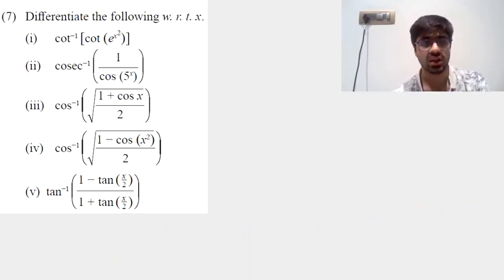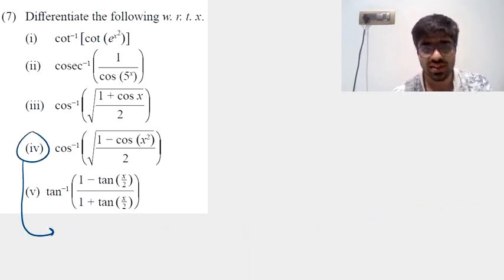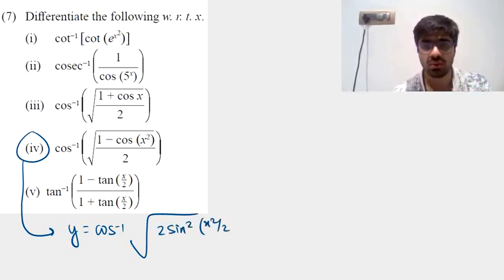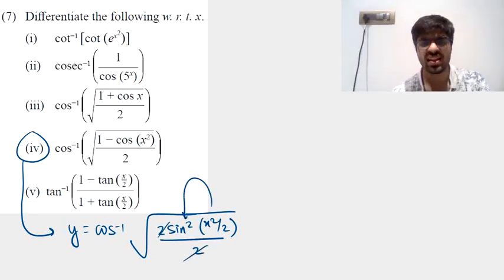Yeah, we continue with the fourth one, and the fourth one is exactly the same sum. So y will be cos inverse of root over (1 minus cos theta, that's going to be 2 sine square theta by 2). So this is 2 sine square of x square by 2, the whole thing divided by 2, so 2 gets cancelled. Root over sine square x square by 2, that's going to be sine of x square by 2.